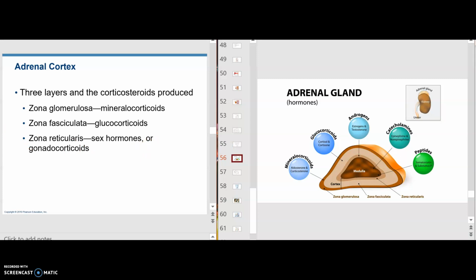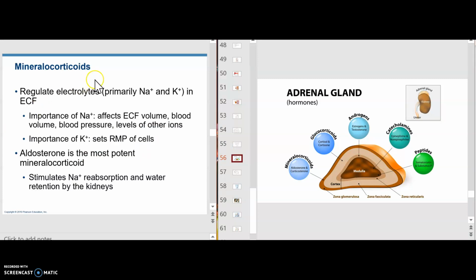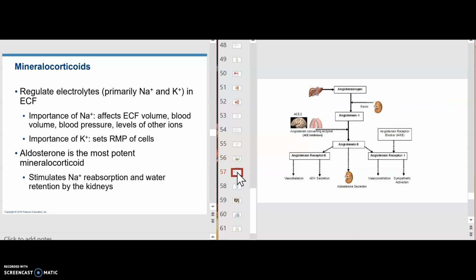So then we go to the mineral corticoids. The main mineral corticoid, again, is aldosterone. Aldosterone is nicknamed the sodium retaining hormone because it holds on to sodium in exchange for potassium.